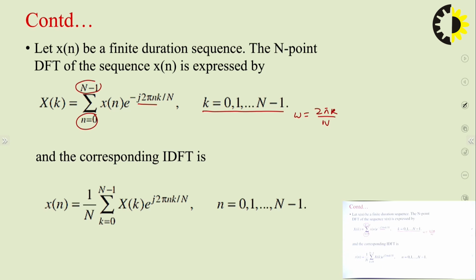There is a condition here: we are dividing the spectrum into N parts, and there is the length of the sequence.